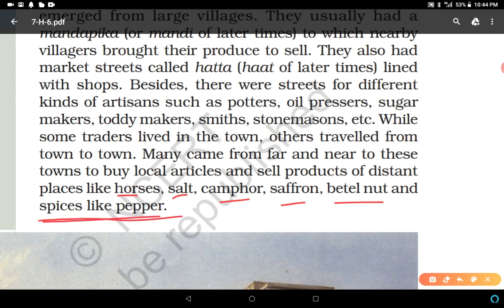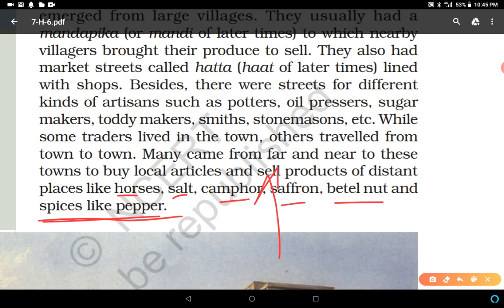And these people used to come from the south to the north of India, and to different temple towns. So these activities, like trade, were conducted, and shops also were there in the hattas.